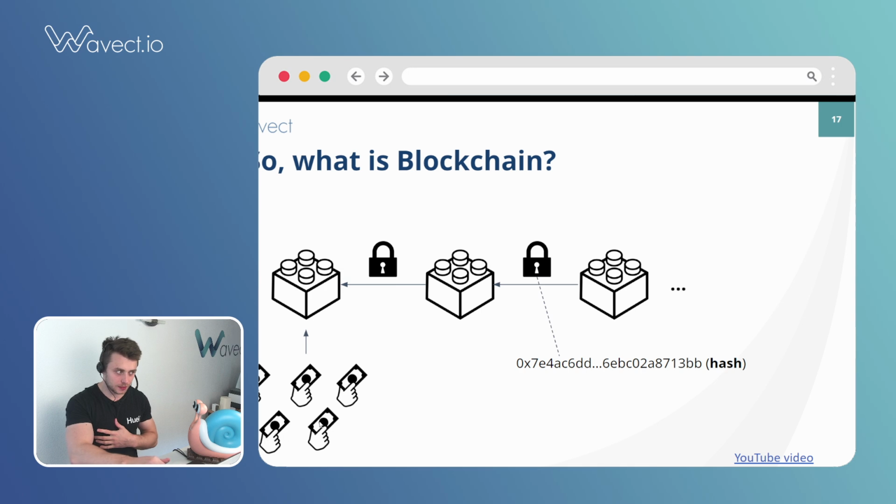I'm not sure if you can see my mouse pointer here. Each of those, for example, is a transaction, right? Person A sends person B $5 in crypto, which could be in Bitcoin, in Ethereum, in USDT, whatever, right?